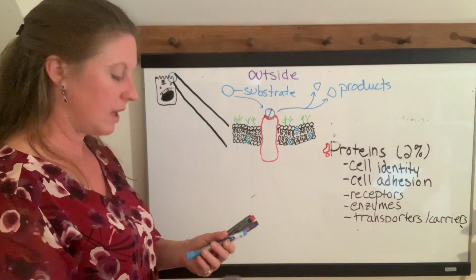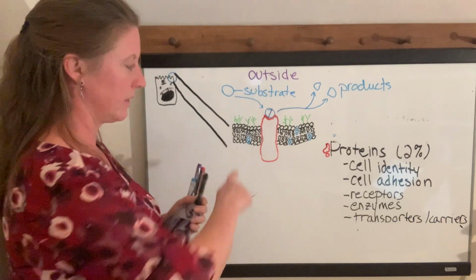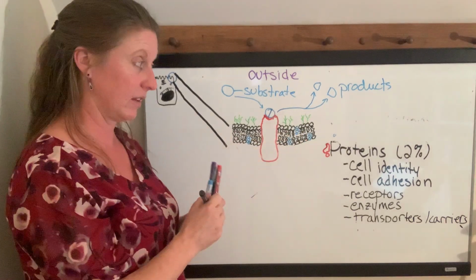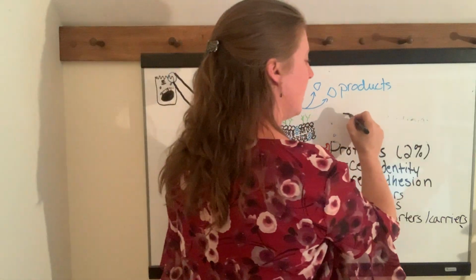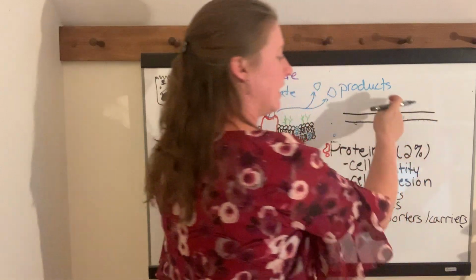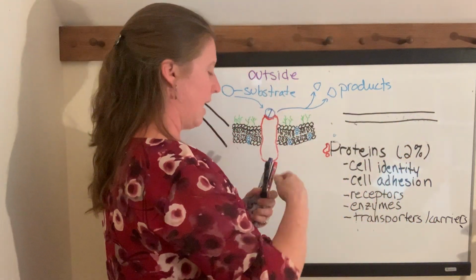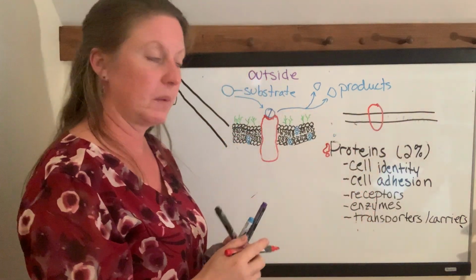Now, for this one, I'm going to use a different drawing of the plasma membrane, and I'm not going to spend time drawing all of these phospholipids. So instead of drawing all of this, I'm now going to draw the plasma membrane as two lines, and in those two lines, I will have plasma membrane proteins, okay?